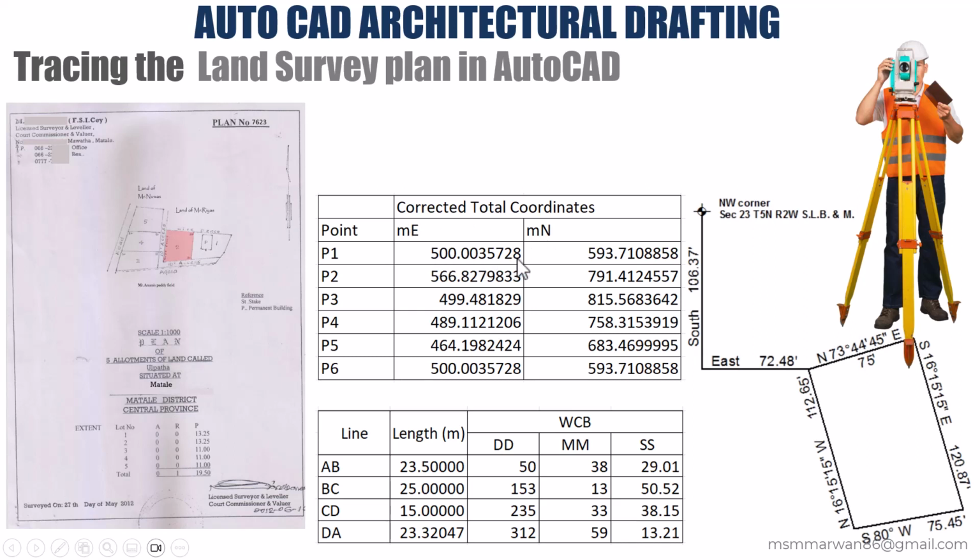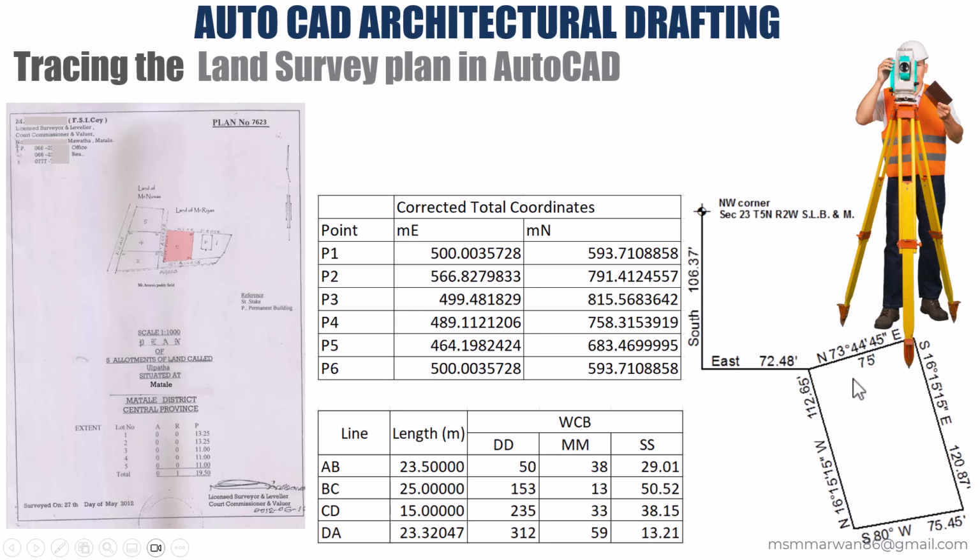That means 500 point something meter east, 593.71 something meter north. These are XY values, east and north values. So you have two distances. We call that the coordinate system. And then there are certain instances where we get the length of a line and then the angle, the whole circle bearing. So this angle is measured all the way from the north clockwise.